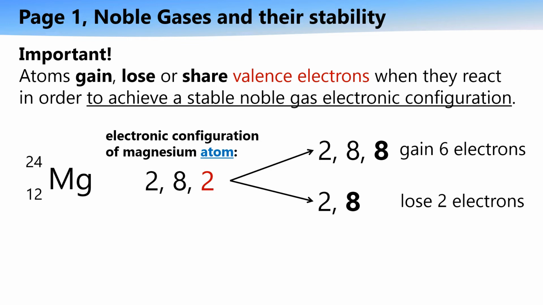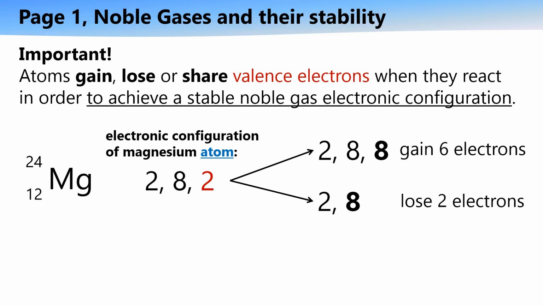Okay, so once again, when magnesium atom reacts or any other atom reacts, they are trying to achieve a stable noble gas electronic configuration. Since magnesium has 2,8,2, it can either become 2,8,8 by gaining 6 electrons or 2,8 by losing 2 electrons.